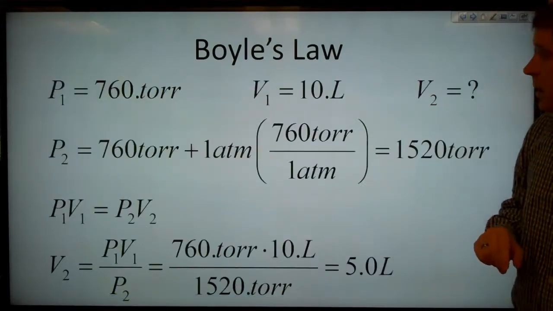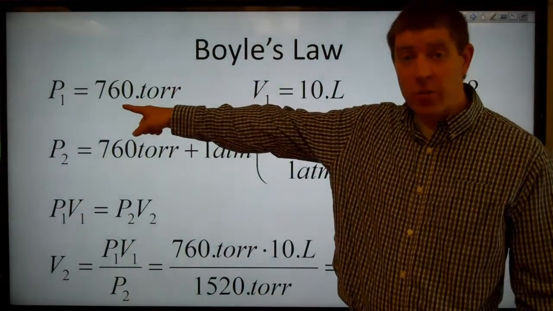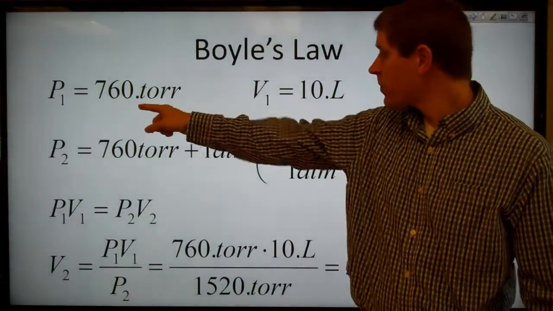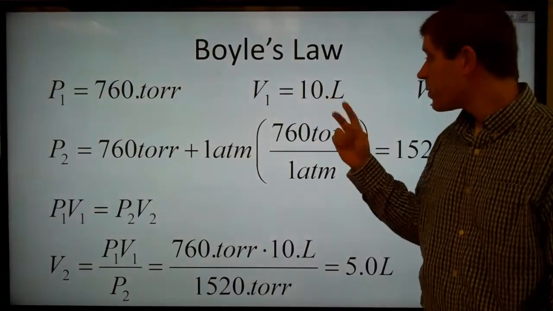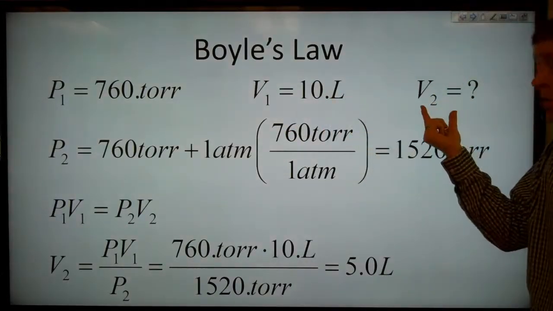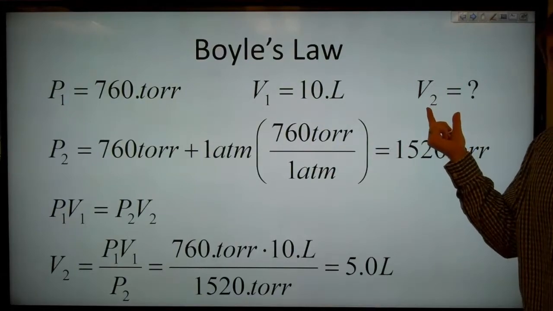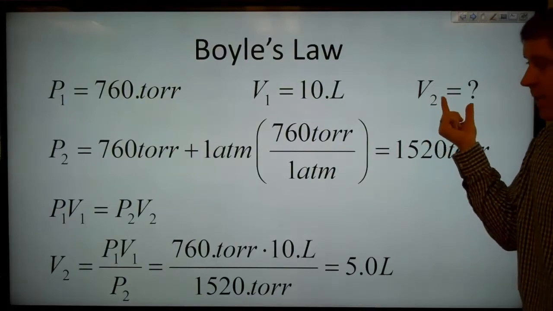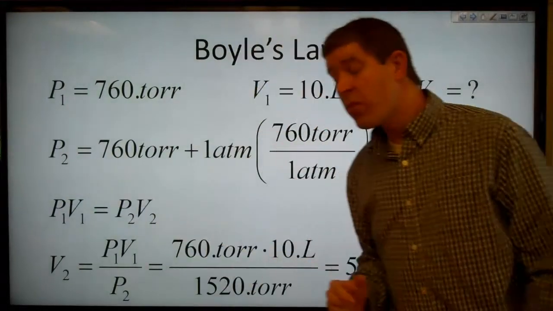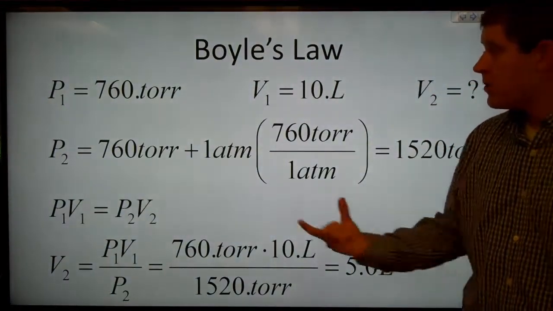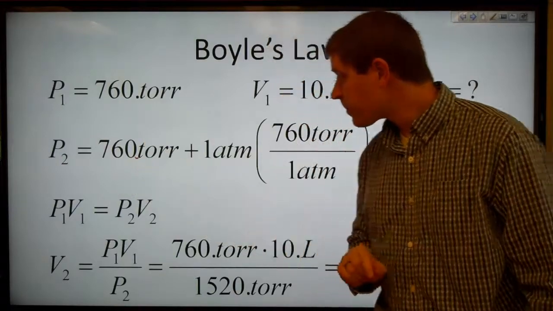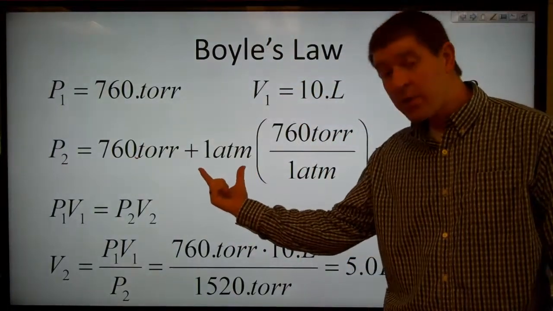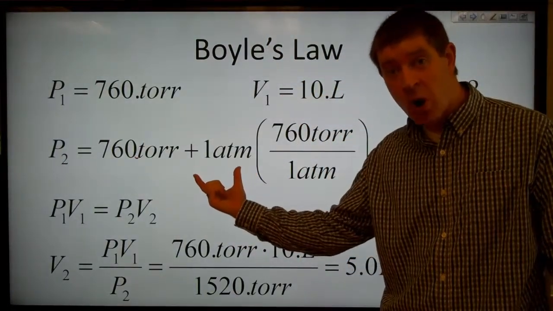So our initial pressure is 760 torr. Our initial volume is 10. liters, which means we have 2 sig figs there. We don't know what the final volume is, V2. We want to find that. We know that the final pressure, though, is the pressure from the air pressing down, 760 torr, plus the 1 atmosphere, the pressure from the water pressing down.